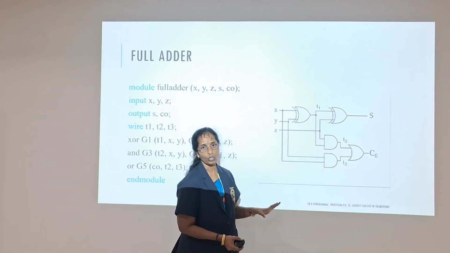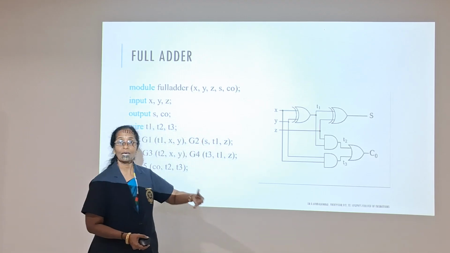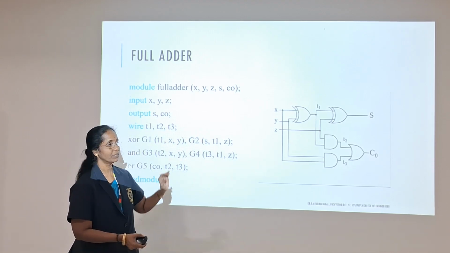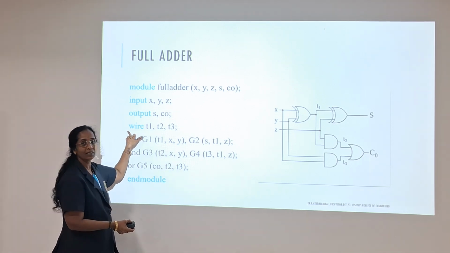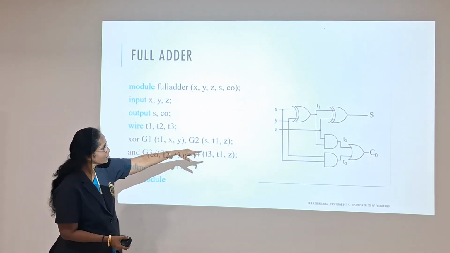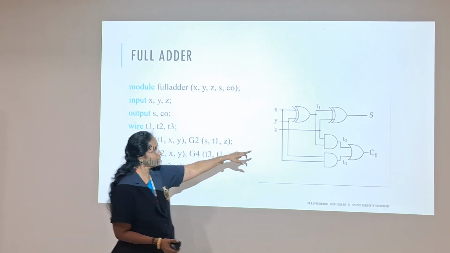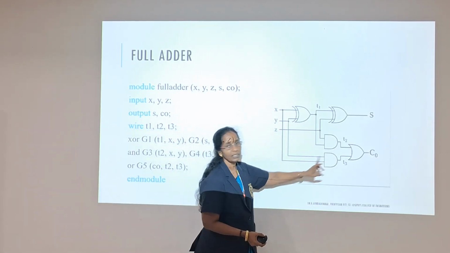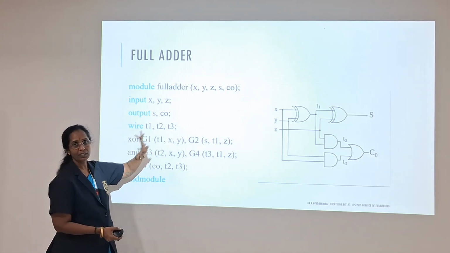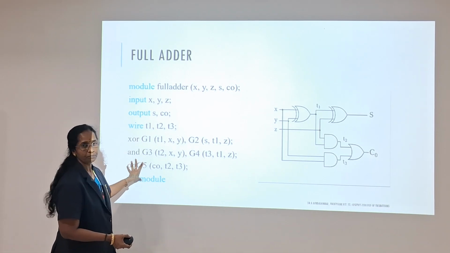These are not the final outputs, so they will be stored in temporary variables. Apart from input and output, you have temporary variables. These temporary variables are represented by the term wire. A wire is a temporary variable. In this circuit, we totally require 3 intermediate values, therefore wire T1, T2, T3.